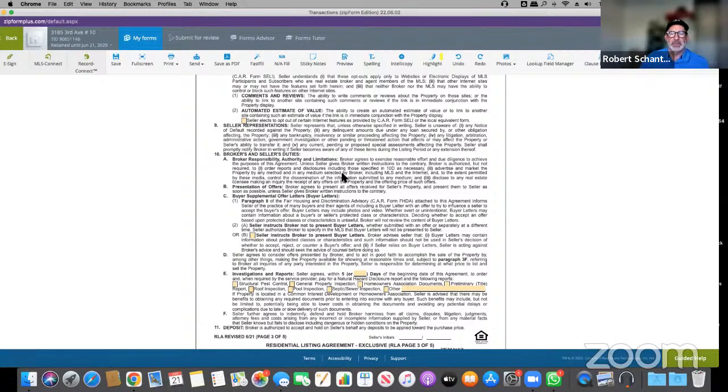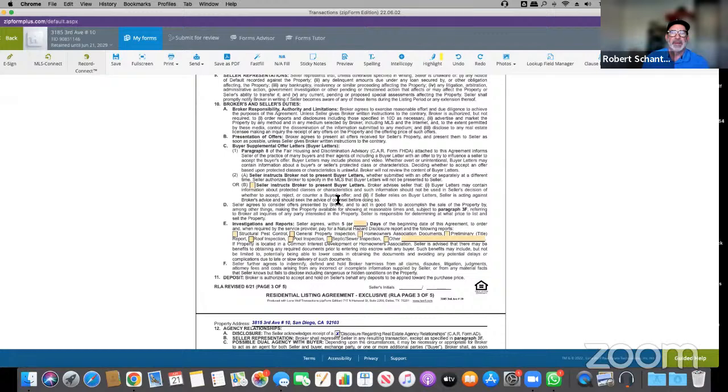Item 10 basically talks about what the broker's and seller's duties are. The first part is the broker's duties, and that would be section A, B, C, okay? In this section, it basically outlines the job description for you as an agent.